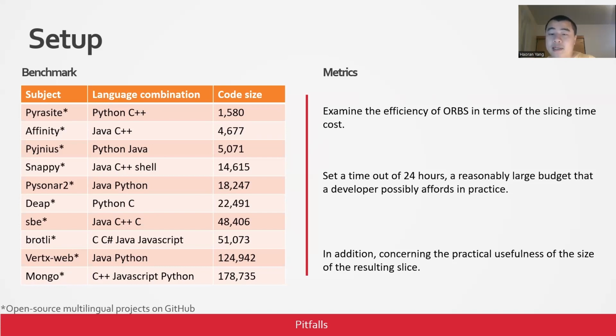Therefore, we set a time limit of 24 hours, a pretty high budget that a developer might potentially afford in practice. In addition, we also consider the resulting slice size, as the size affects developers' use of the analysis results.